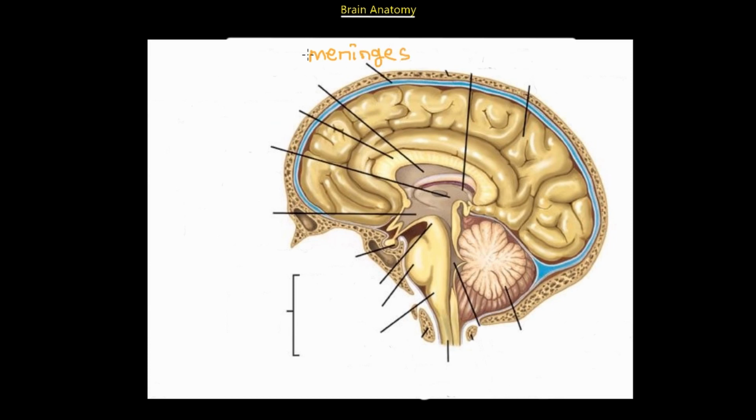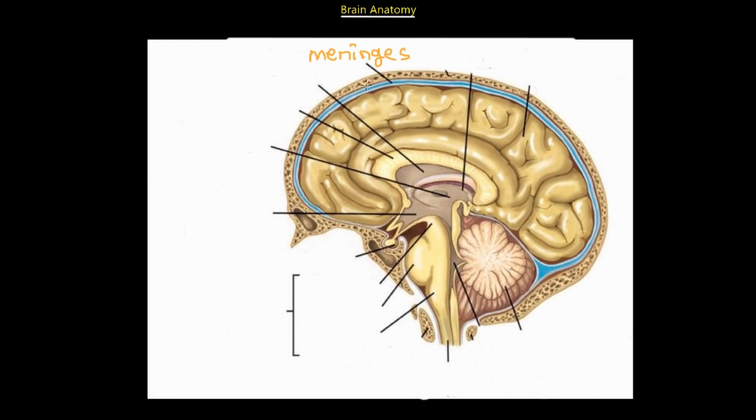And meninges are there to protect the central nervous system. So the meninges and the ventricles actually travel all the way down the spinal cord, and it's this fluid called the cerebral spinal fluid that flows within these meninges and is able to provide protection for our central nervous system.